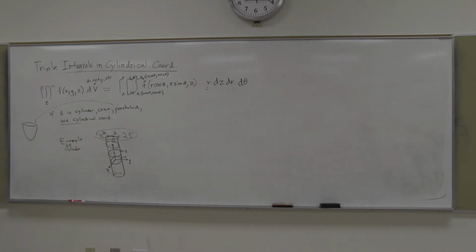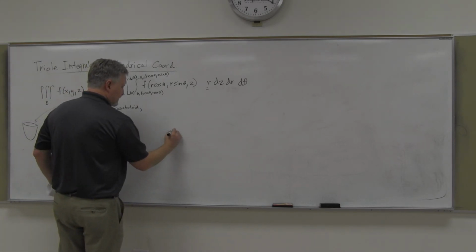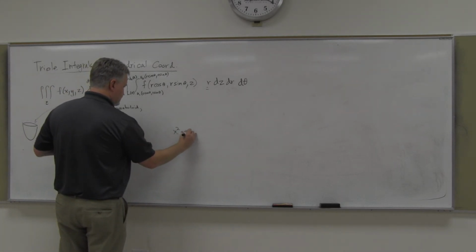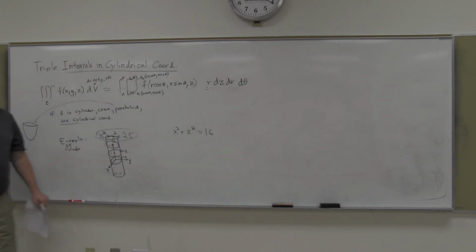All right, now what if we had, again in three dimensions, x squared plus z squared equals 16. Well, in that case, we've got a circle in which plane?